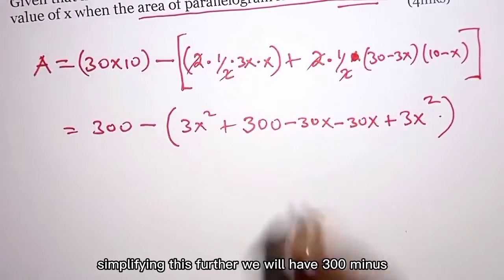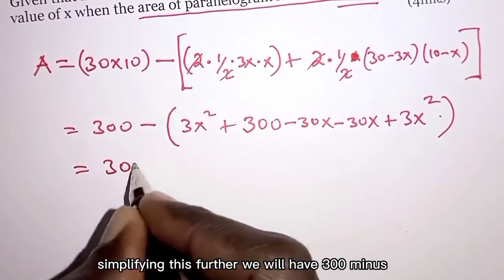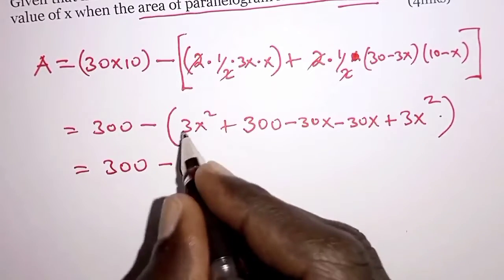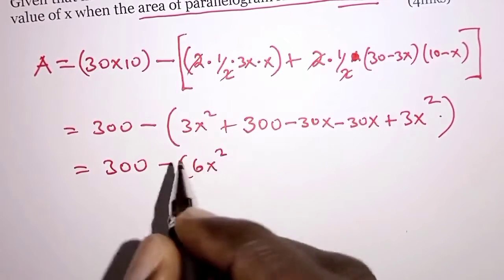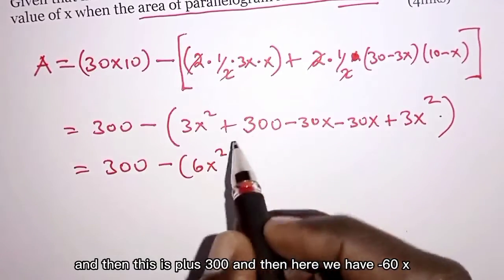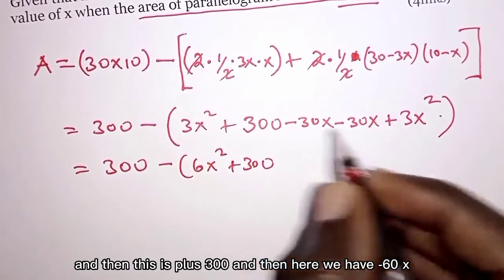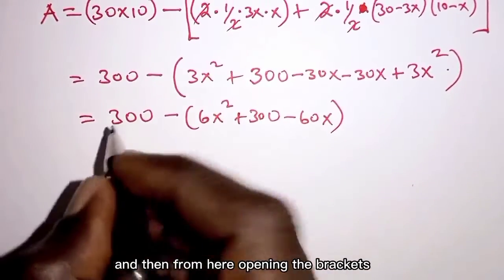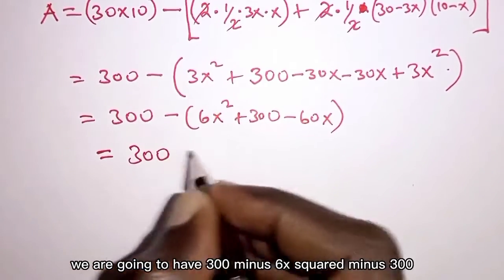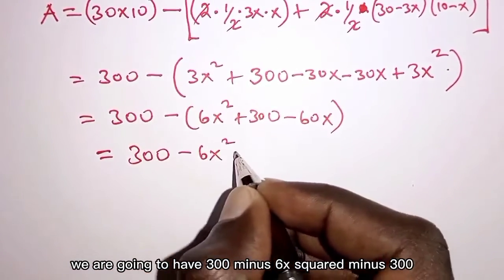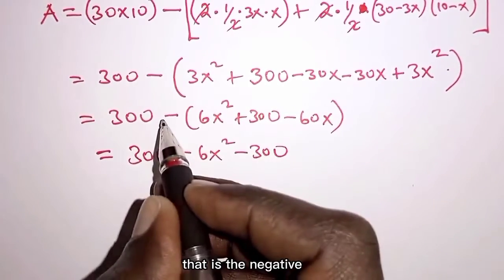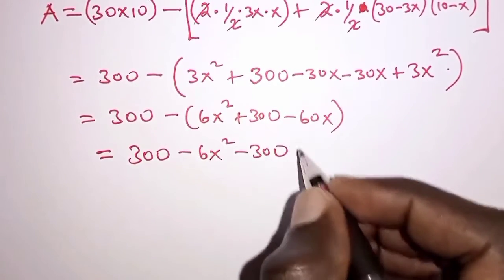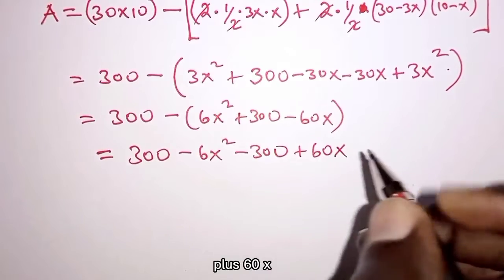So simplifying this further, we will have 300 minus, so this and this becomes 6x squared, and then plus 300, and then here we have minus 60x. Opening the brackets, we are going to have 300 minus 6x squared minus 300, that is, the negative multiplies all the values inside the bracket, plus 60x.